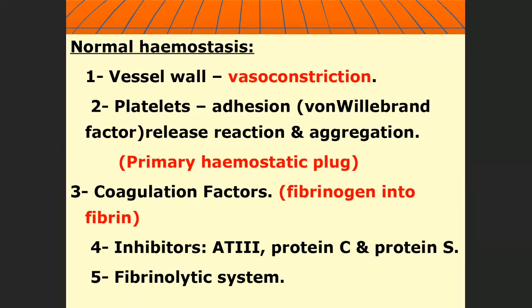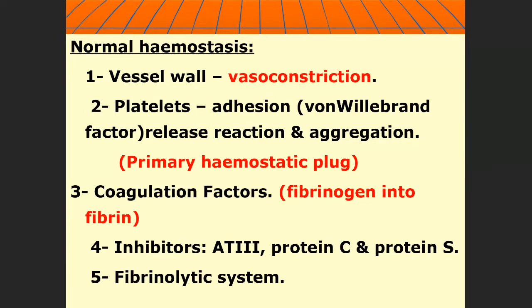Okay, adhesion of platelets to the subendothelial collagen following vessel wall injury is mediated by von Willebrand factor. Okay, von Willebrand factor is essential for platelet adhesion to the subendothelial collagen of the vessel wall.